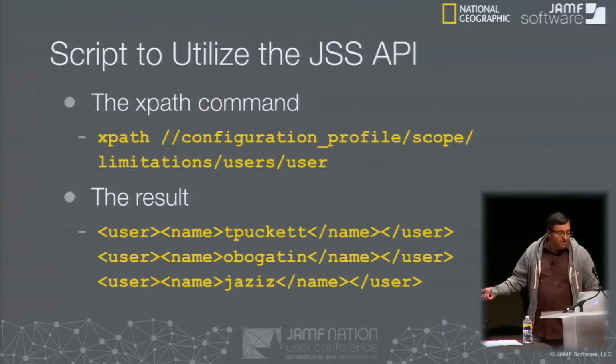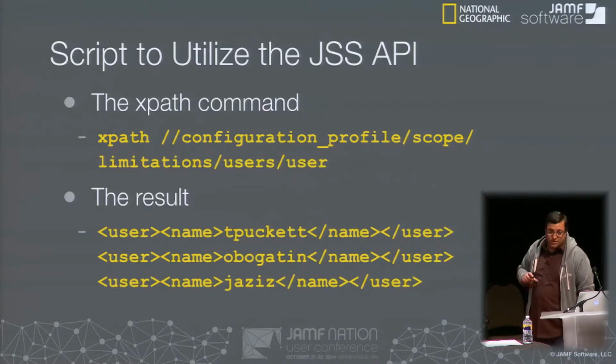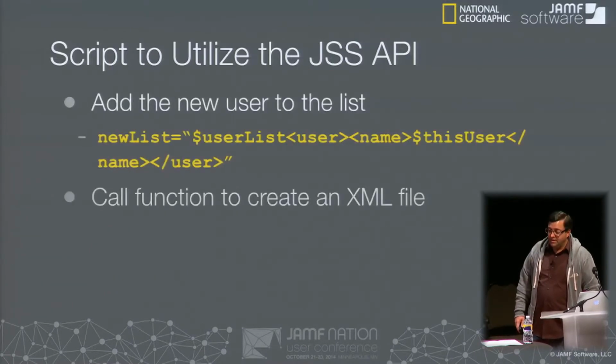So with XPath, we say we just want the configuration profile, scope, limitations, users, user. Then that just gives us the list of the users that we saw in the XML there. And this is much easier to work with.